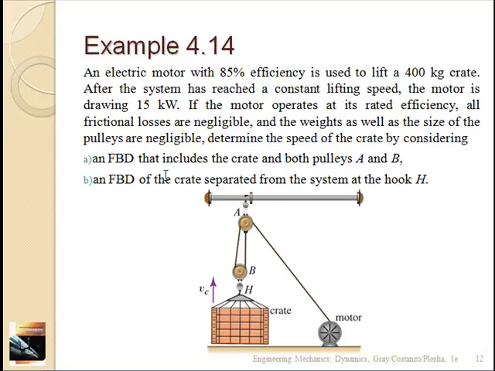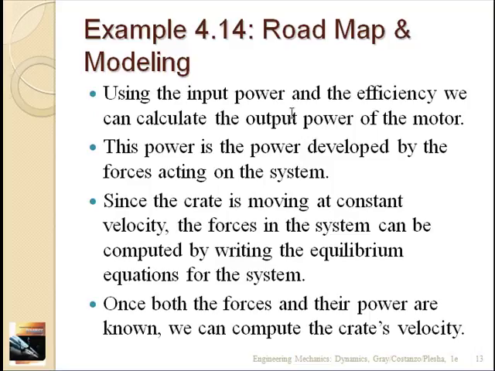And what we want to know is we want to get a free body diagram for each of these and look at the velocity at which the crate is moving as we supply 15 kilowatts. So the plan is to use the input power and efficiency to calculate the output power of the motor, and that power goes to the crate.